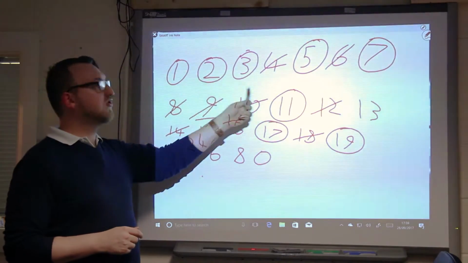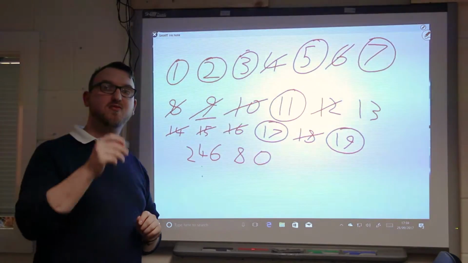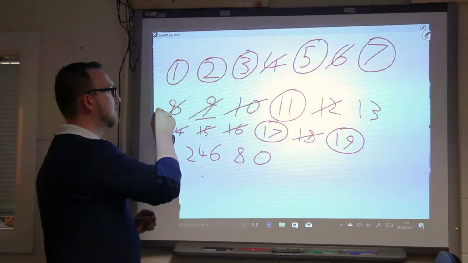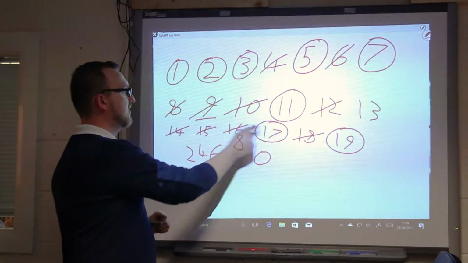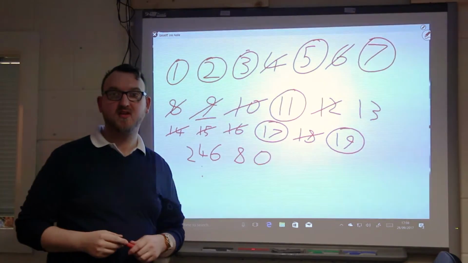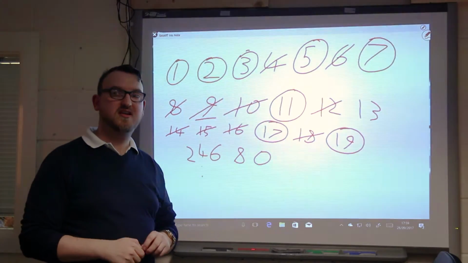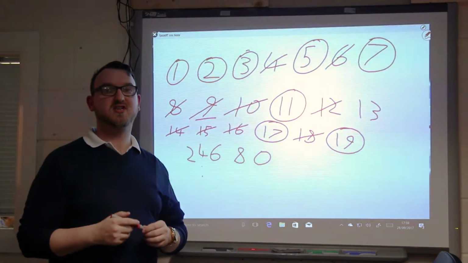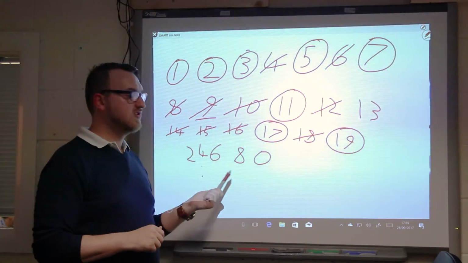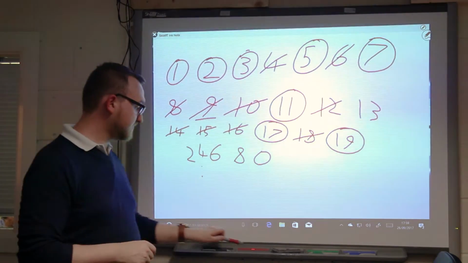But you will find that there's going to be less and less prime numbers. And all that you need to do is just count through the times tables and overlay that onto a list of numbers like this. Sometimes you might hear this method called the Euclidean sieve, and that's because a Greek mathematician called Euclid used that method.